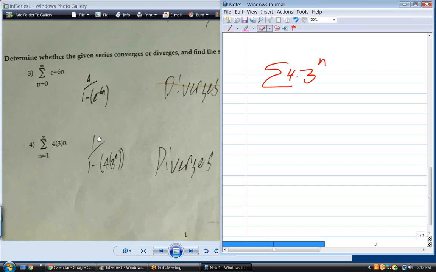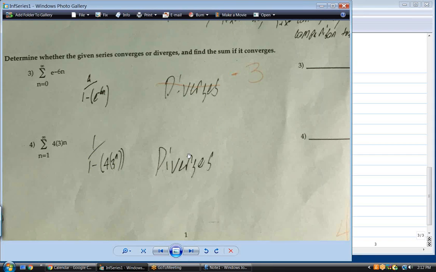Actually, it would be 4 over. Since A is 4, the 4 would go in the numerator, and in the denominator, you'd have 1 minus R, well, R was 3. But this makes no sense whatsoever if it's a divergent series. She didn't take points off because you got the divergent right. If you'd had convergent up here, you'd have gotten full credit for it.